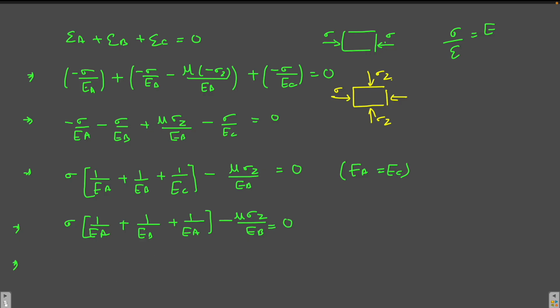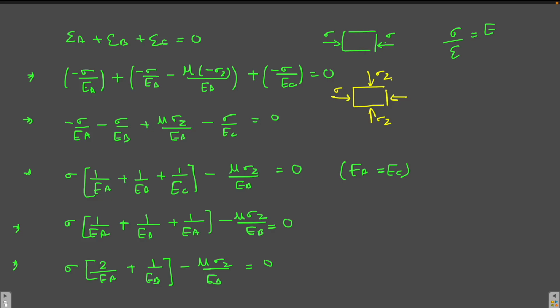Okay, so sigma times (2 by EA plus 1 by EB) minus mu sigma z by EB is equal to 0. Now our motive is to find out this sigma, right? So let's separate the sigma and put everything on the other side.